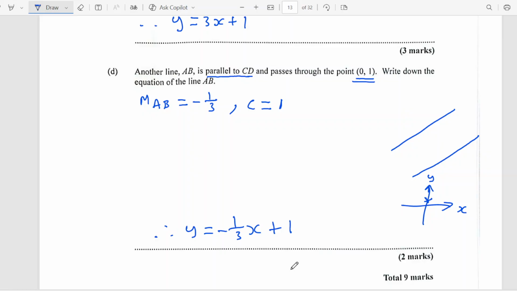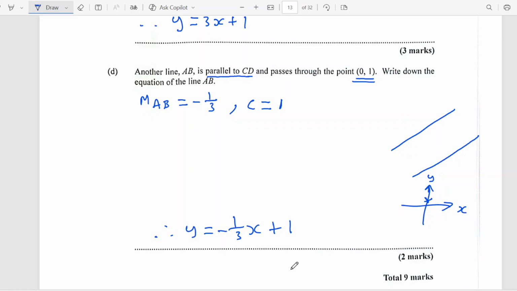Right, so that question was 9 marks. How much of the 9 marks will I get? 4, 5, 7. Where did you lose marks? Carissa, how much of the 9 marks did you get? I got everything correct.